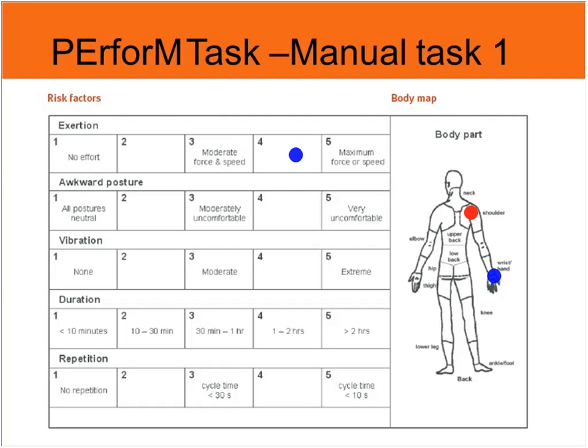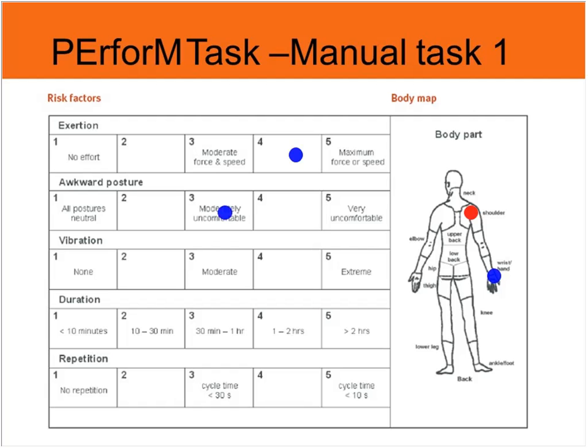Again, we're not there doing the task, so we do have to make a few assumptions, but it does look like he's using a lot of force to use that tool. And we can also see in the background information that there is quite a bit of grip involved in holding that tool. If you also think about that work environment, it is going to be quite wet and slippery, and that's going to increase the grip. So that's going to impact on the force required.